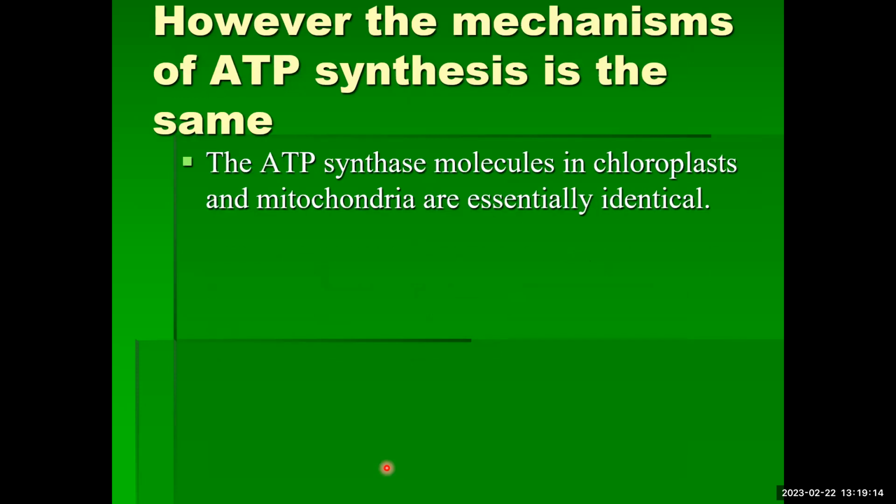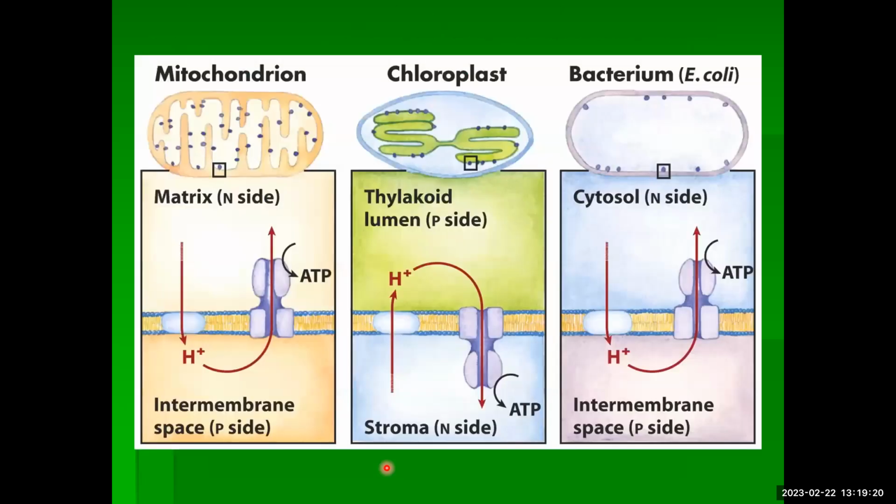Now, as we said, the ATP synthase molecules work the same and look pretty much the same. So in the mitochondria, you're pumping from the matrix into the intermembrane space and back into the matrix, and you're making ATP on the matrix side. In bacteria, you're doing the same thing, pumping protons into the intermembrane space and back into the cytosol, making ATP on the cytosolic side.